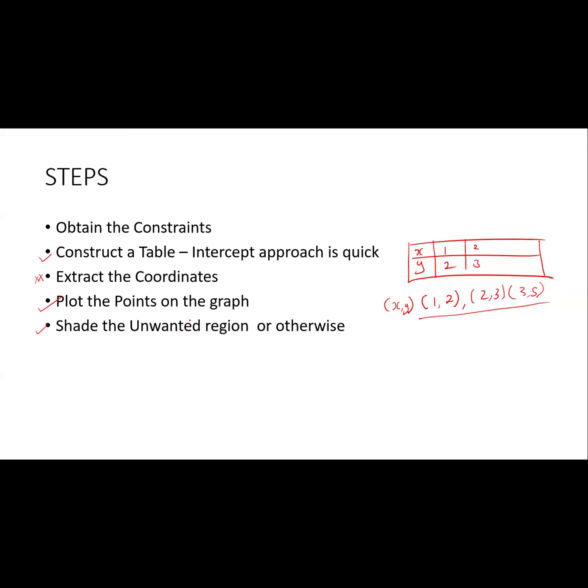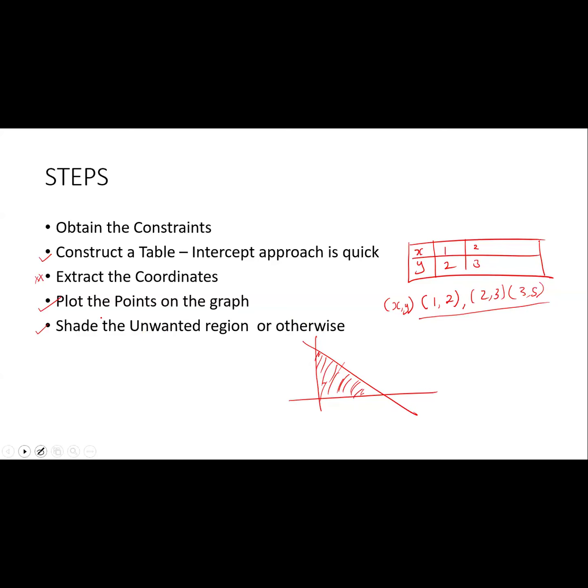But I told you the disadvantage of shading the wanted region is that when you have to obtain the optimal points, at times it may be hard for you to read, yet you have shaded. So that's why we emphasize that you shade the unwanted region and leave the region that is wanted, so that you can read off quickly and easily the points that you are going to be plotting.